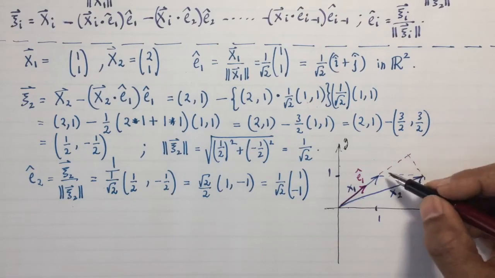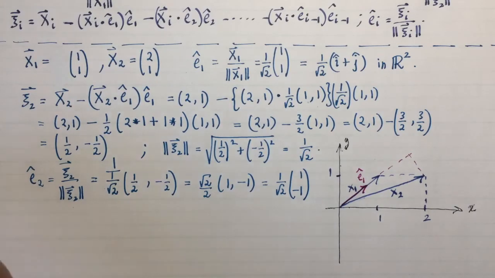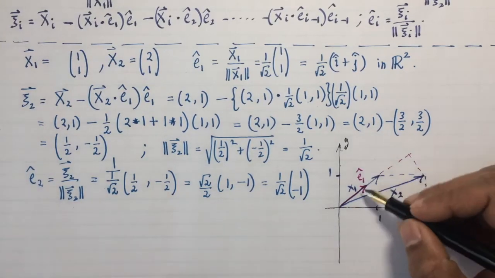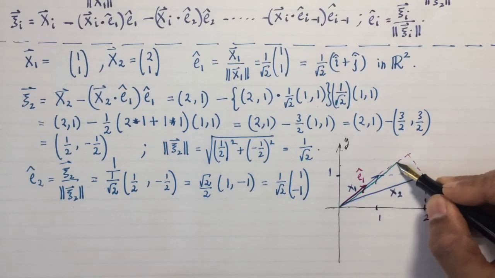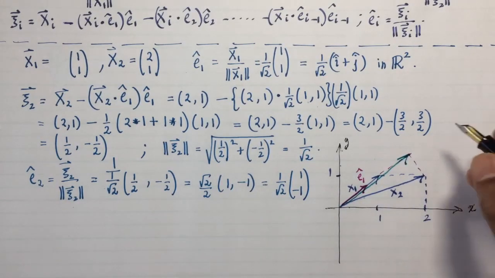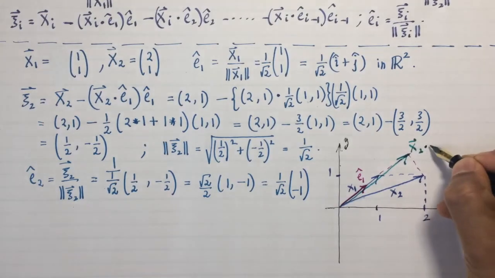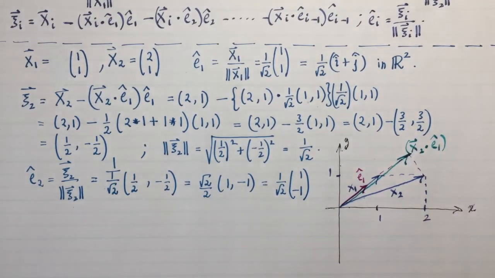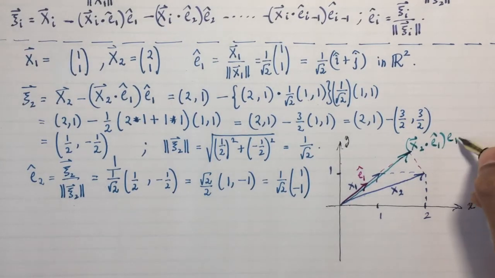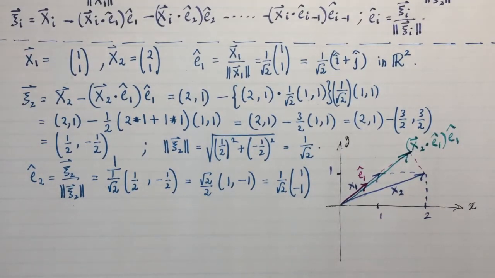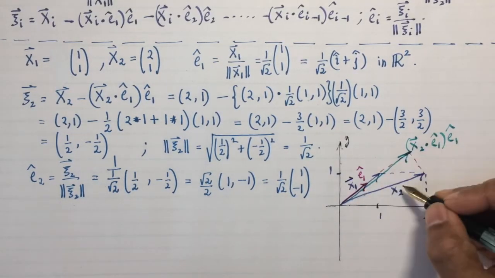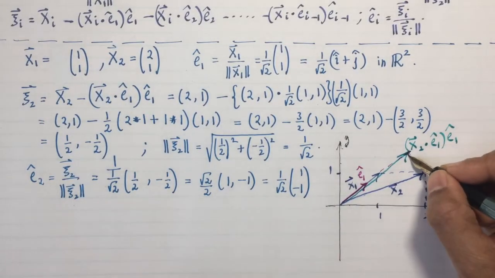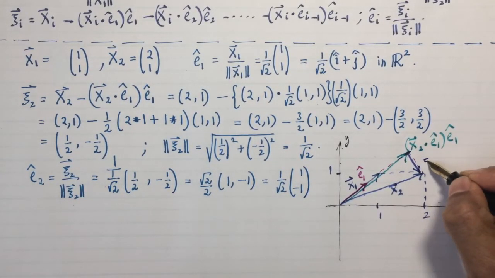So that will be this vector, which I'm writing with a green arrow. The green arrow refers to the vector x2 dotted with E1 in the direction of E1. Now, if I take this x2 vector and subtract from it that one, what will I get? Remember vector subtraction, it is this vector that you'll get. So that's zeta 2.